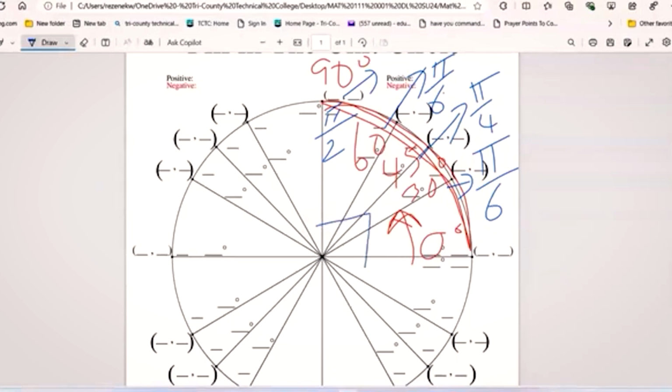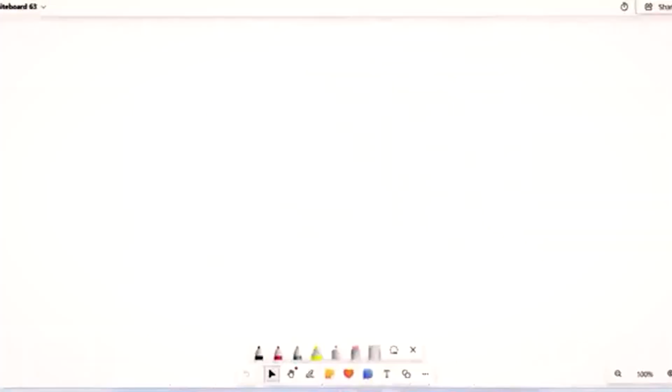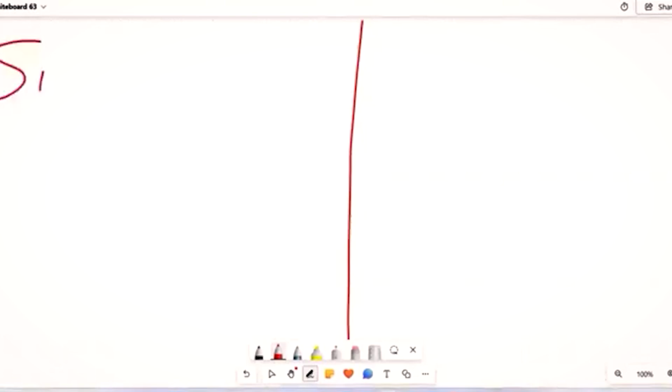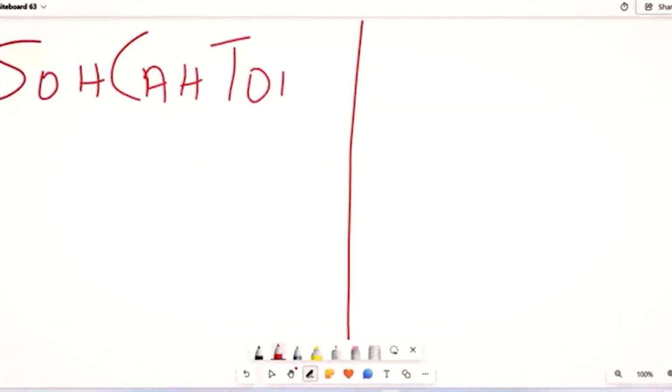All right, before we continue, I want us to remember what we learned from geometry. I'm going to my whiteboard. Hopefully you learned something like this in geometry. It's called SOHCAHTOA, and it connects to right triangles.